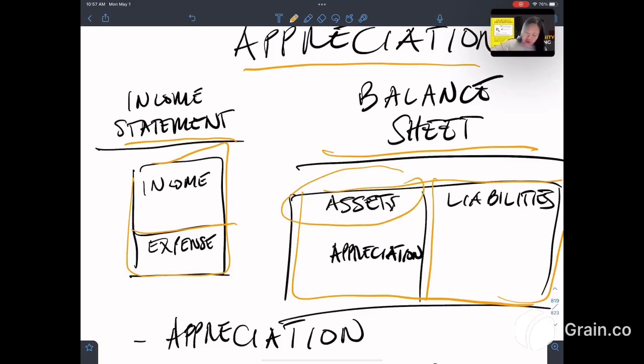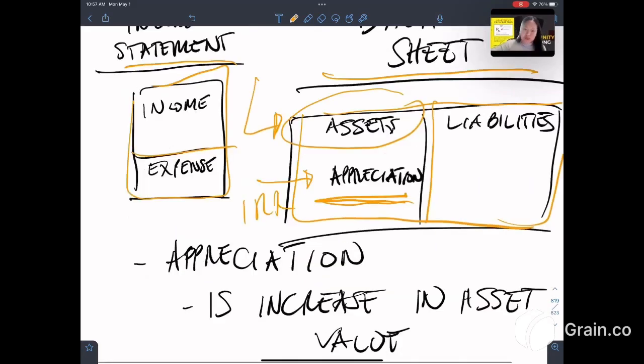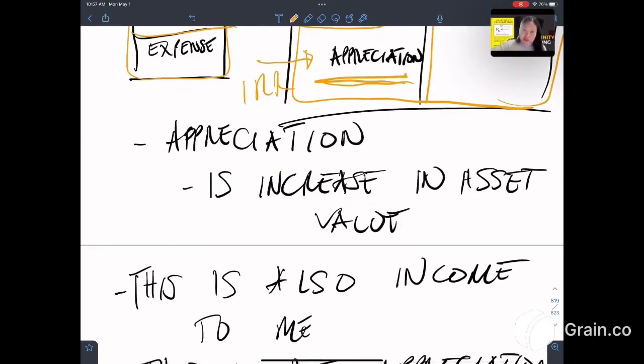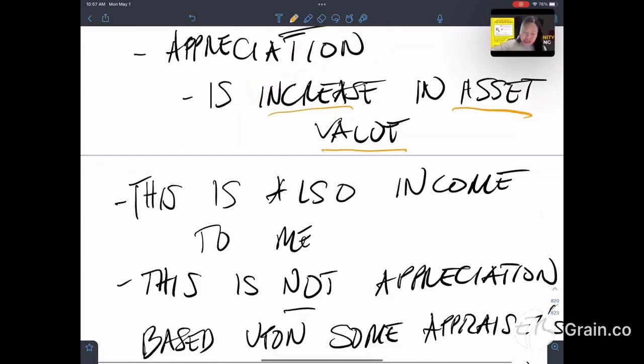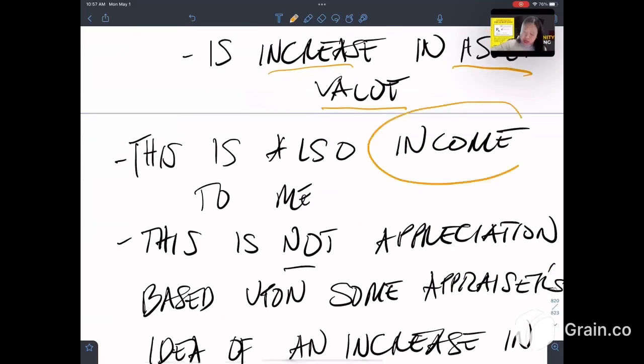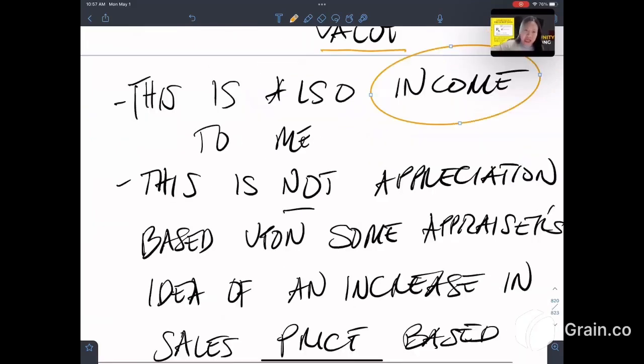Now we're going to talk on this asset column, which for internal rate of return, we are referring to appreciation. Appreciation is the opposite, the contrast of depreciation. Appreciation is an increase in asset value. This is also income to me. Okay, appreciation is also income to me.